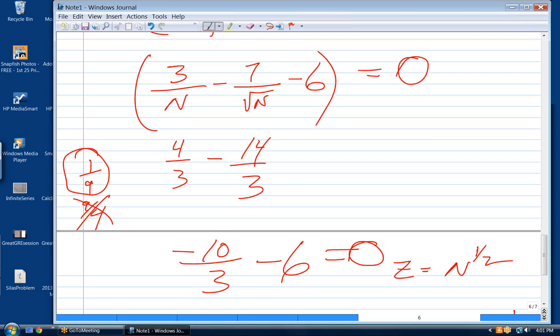Or if it has radicals in it, or if it has logarithms in it. Those are the 3 things that I know of, and trig functions, where you're liable to have an extraneous solution. And what we had here was a radical sign. So it doesn't surprise me that we had an extraneous solution.